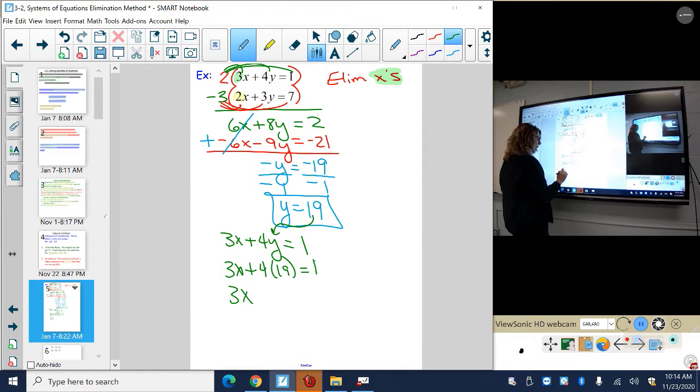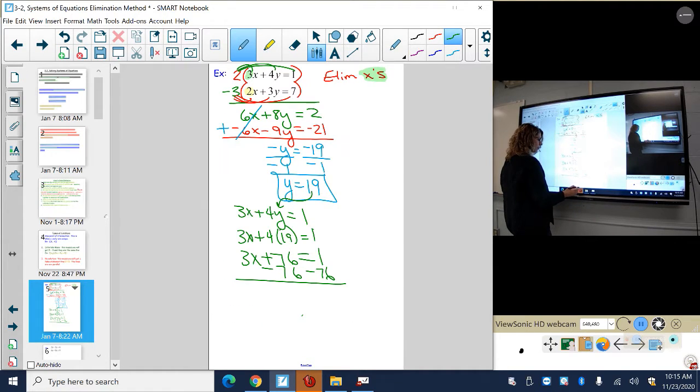And that's going to be 3x plus 4 times 19, that's a 36. Carry the 3, so that's going to be 76 is equal to 1. Subtract the 76. 3x is equal to -75.